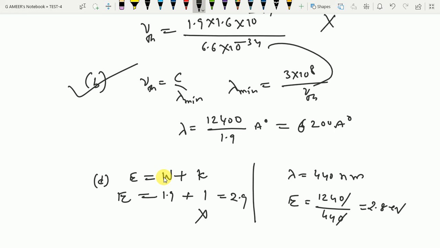The maximum kinetic energy when the light is radiated. This is the 2.9, and even D is also coming.